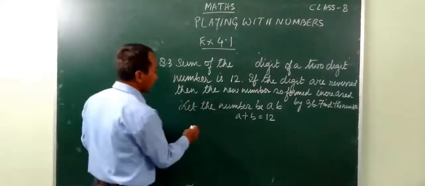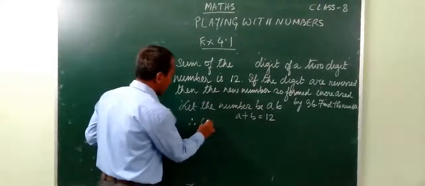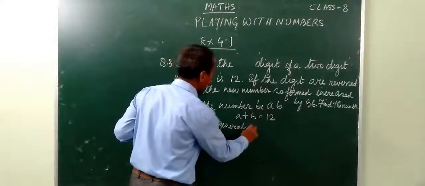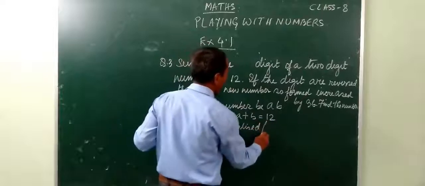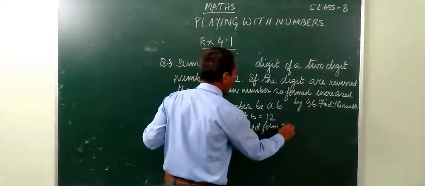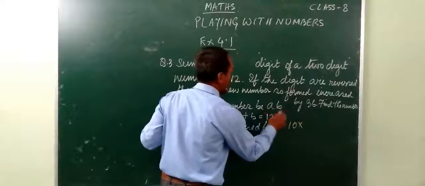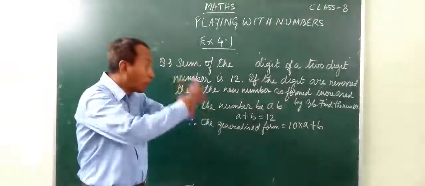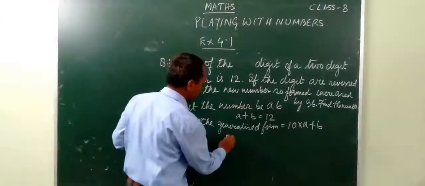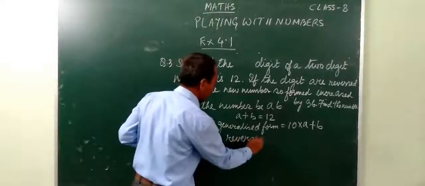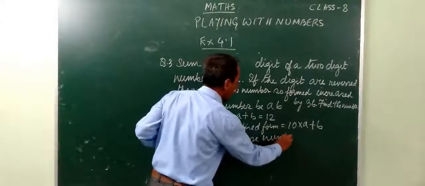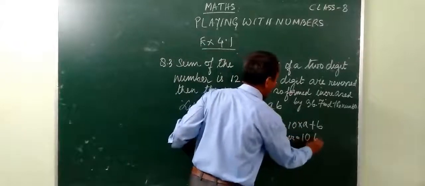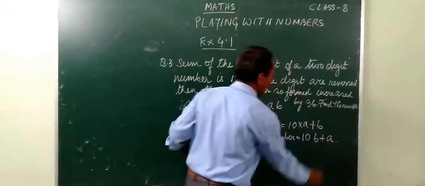So the generalized form is 10 into tens place plus unit place. Now, if you reverse it, the reverse number is 10 into unit place plus tens place.